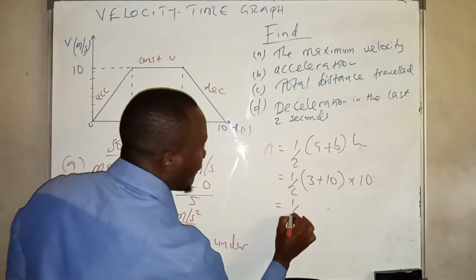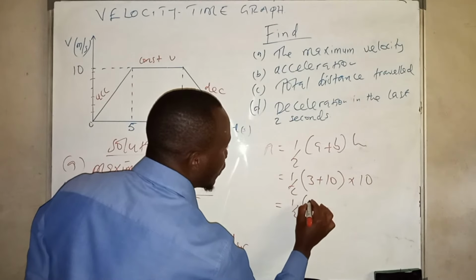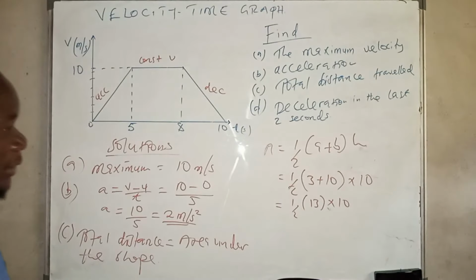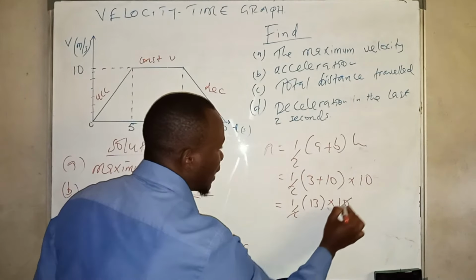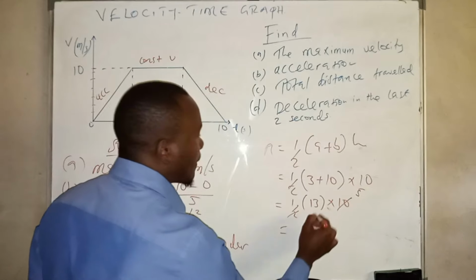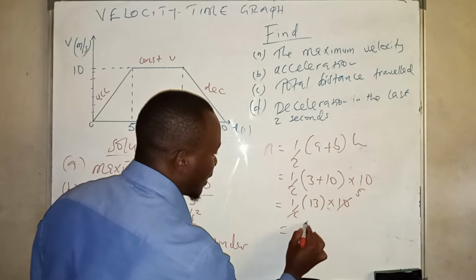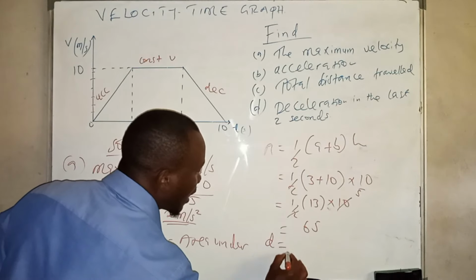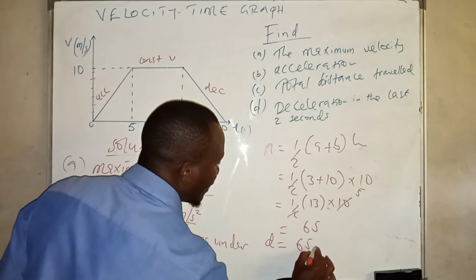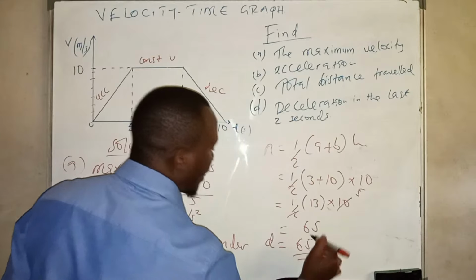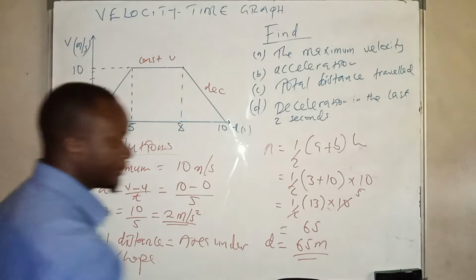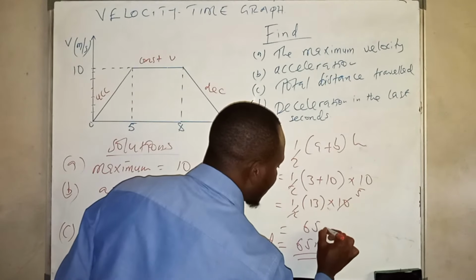So we have half, then in brackets 13, then times 10. So 2 into 10 is 5, and 5 times 13 is 65. The distance is equal to 65. The units, meters. That's how it must be handled.